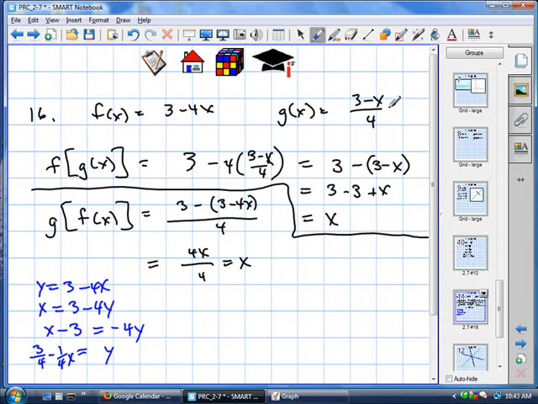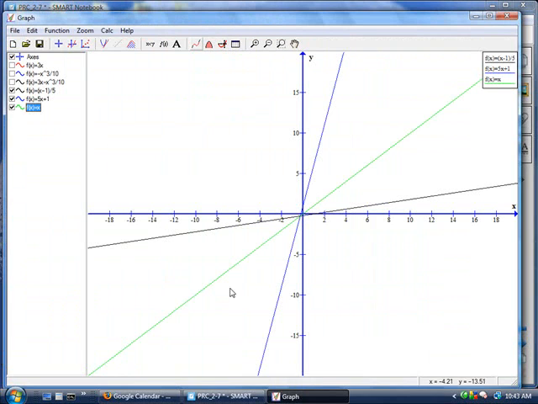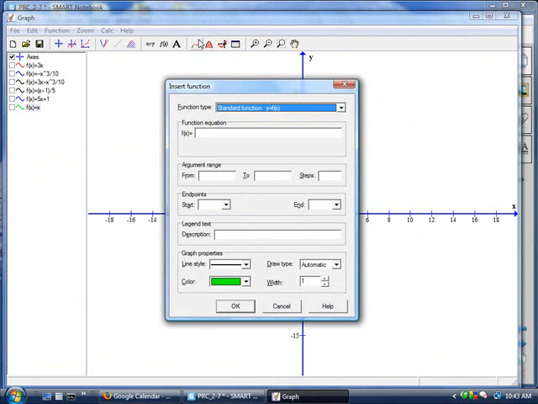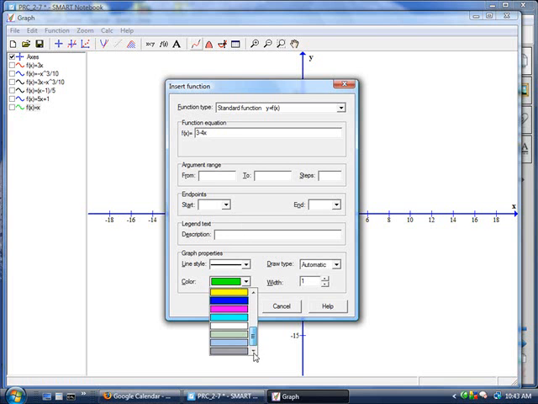The only other thing we could do is, can we show this on a graph? I guess I'll do it one more time. So again, pull up a graphing utility. I don't know how many functions I can put in here. Let's see. Okay, so somebody again, what was f? Oh, it's just 3 minus 4x. Thank you. We'll have that be blue.